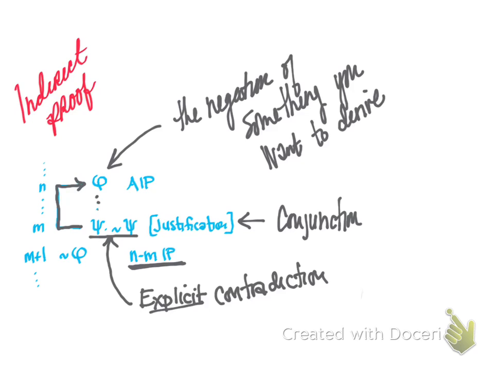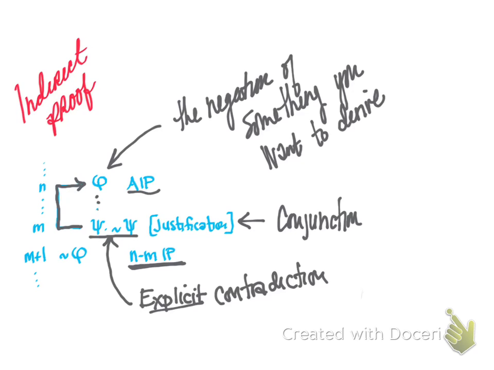Okay, so those are the elements of the schematic. So just to recap, when you begin an indirect proof, the first line, your assumption for the indirect proof, can be anything, but ideally it will be the negation of something you want, and you will justify it with the letters AIP, assumption for indirect proof.